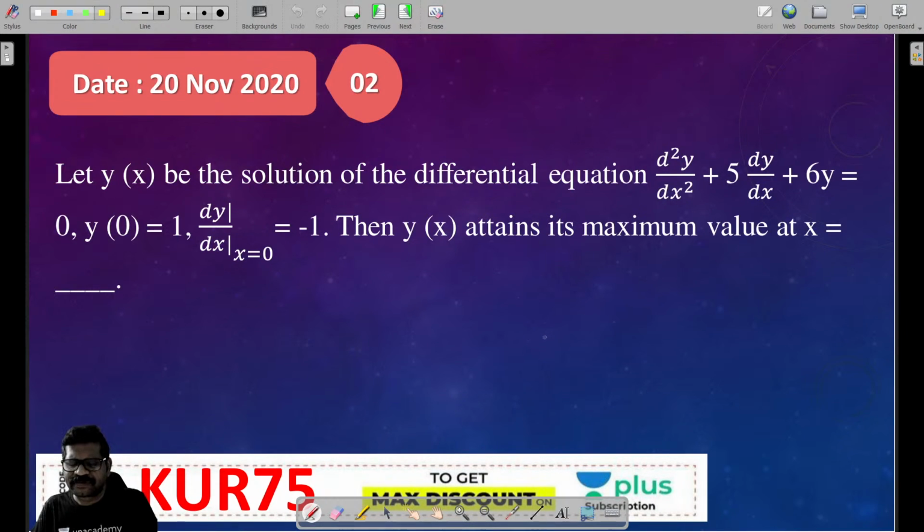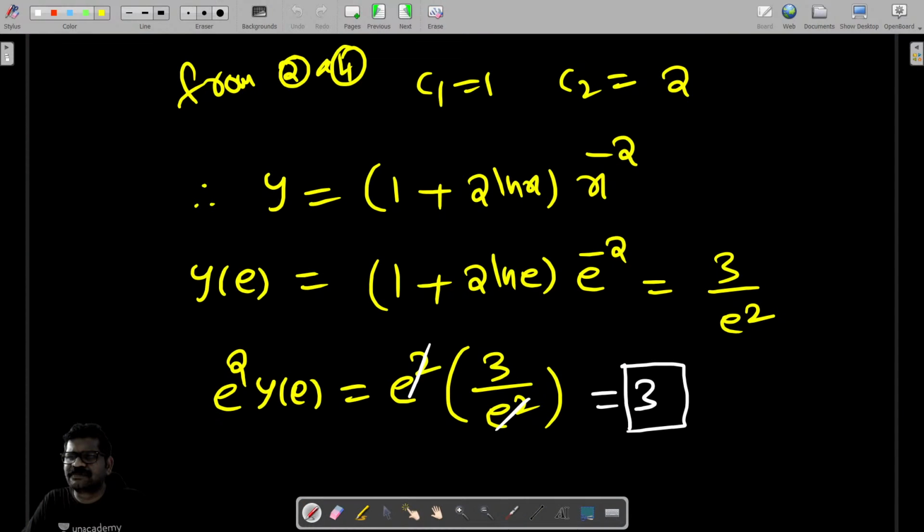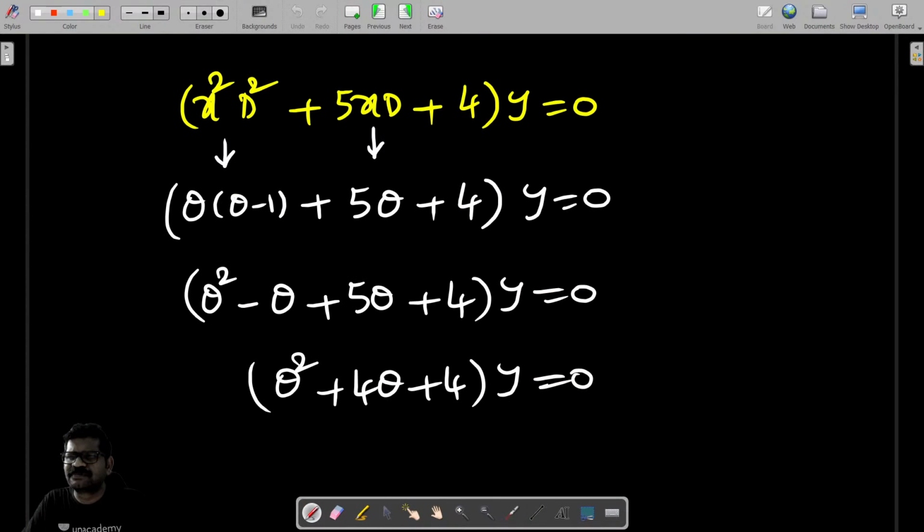Now, x square d square plus xd plus 4 means it is Cauchy-Euler form.